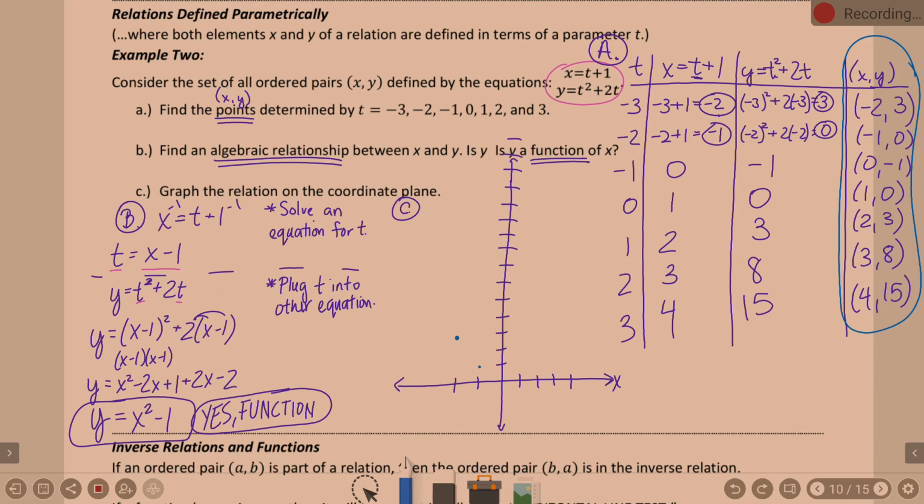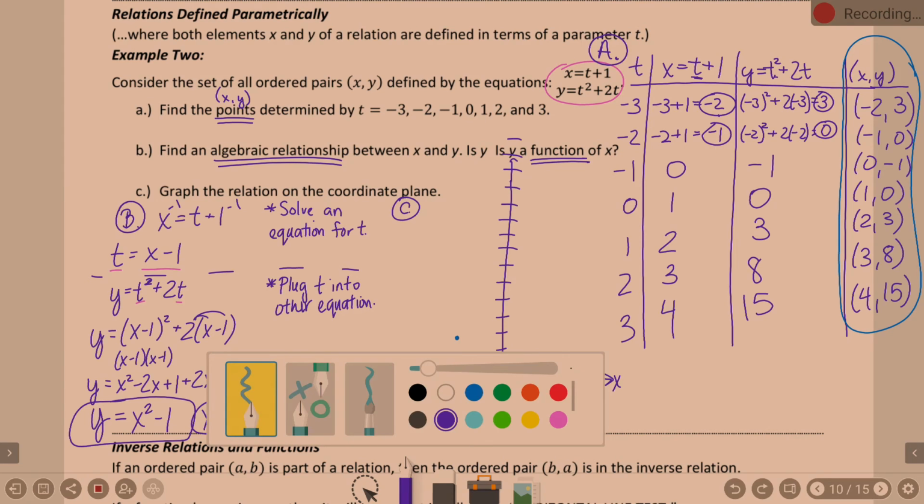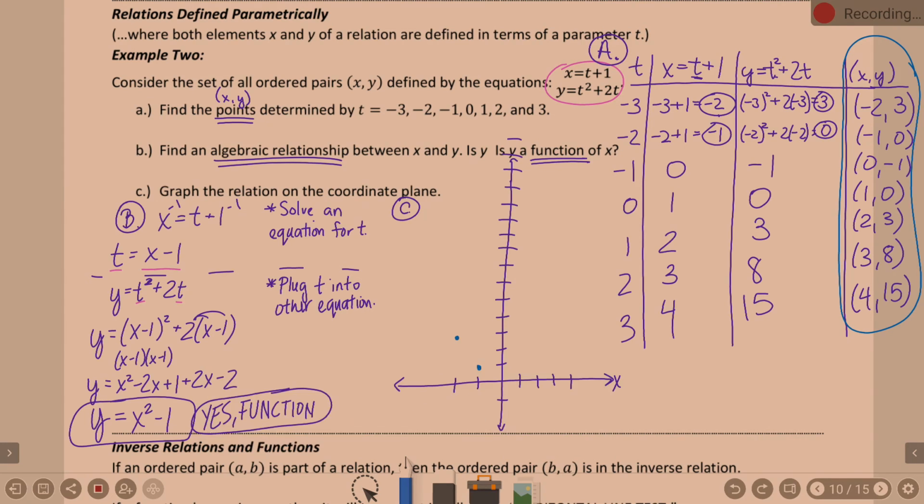Left 1, up 0. 0, negative 1. It's down 1. 1, 0. What did I do? Goodness. Okay. Did I say the right thing and just draw the wrong thing? That's my guess.